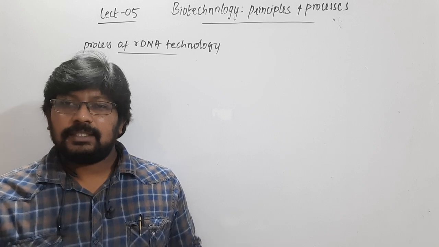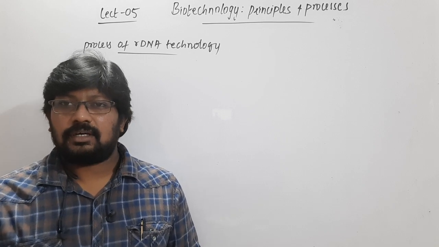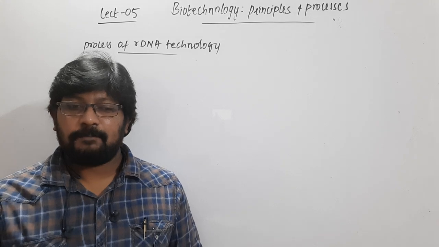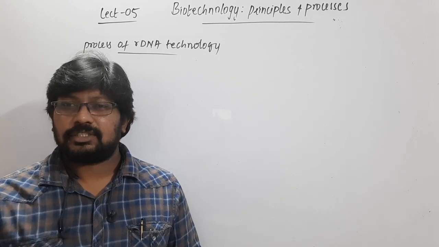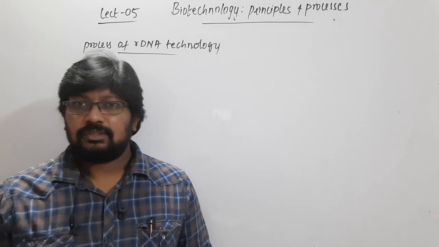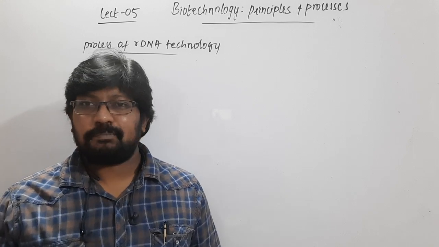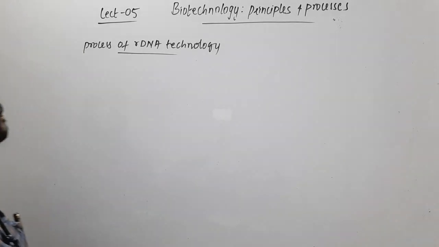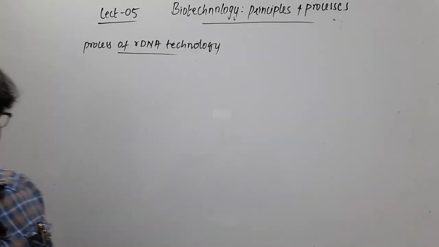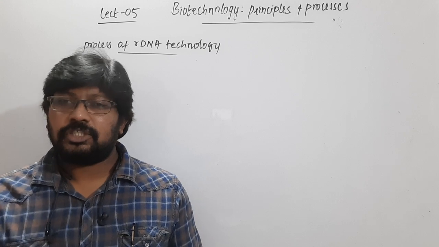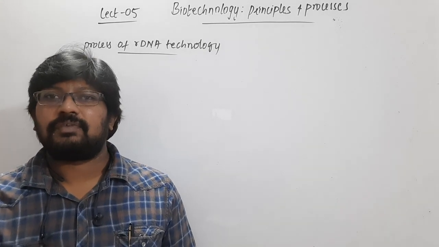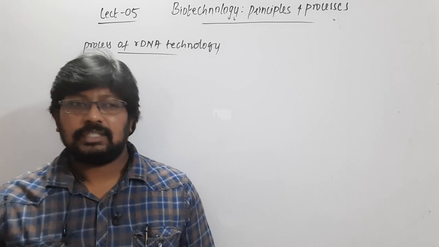There is another process in which we can make, overnight, millions of copies of the gene of interest. That is called the PCR technique. I'm going to discuss the PCR technique and the remaining part of rDNA technology in the next session.